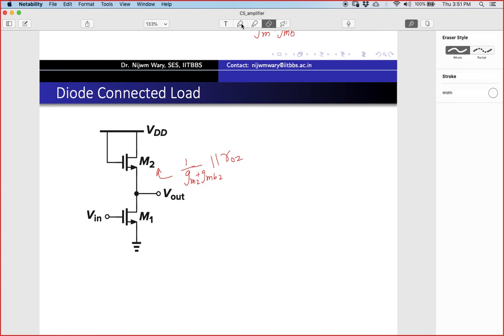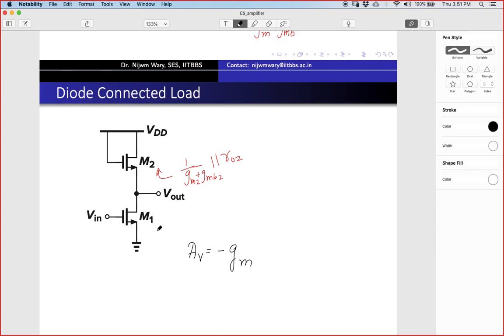Minus GM1 into, so the RO also will come into picture. So RO1 parallel RO2 parallel 1 by GM2 plus GMB2.